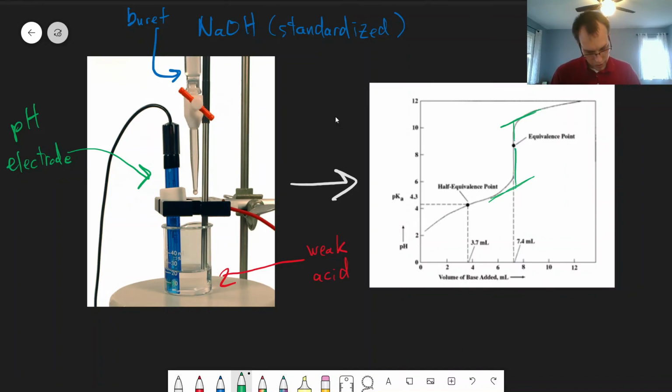That volume there is the equivalence point. Once we know that volume, we can take half of that value, go over here, and read off the x value. In this example, for this acid, because the pH is about 4.3 at the half equivalence point, we can say the pKa is equal to 4.3, which means that Ka would be 10 to the negative 4.3.